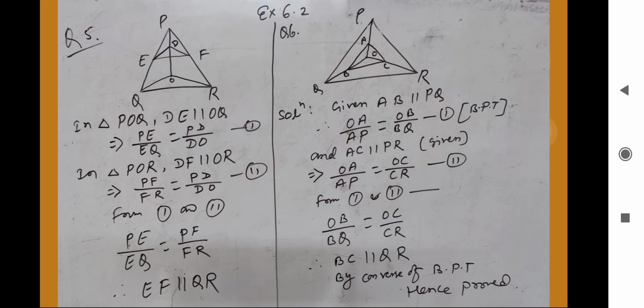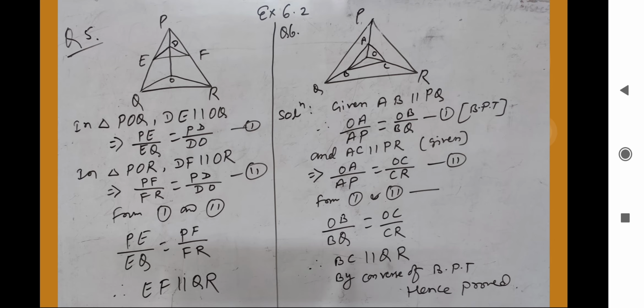From first and second, PE by EQ is equal to PF by FR. Therefore, EF is parallel to QR. It is proved.